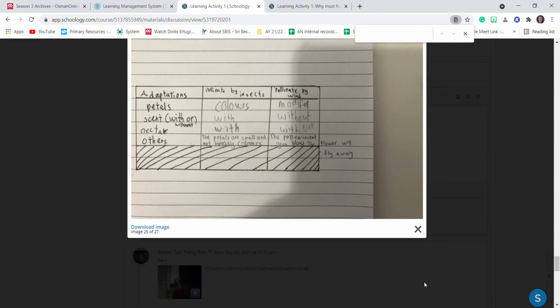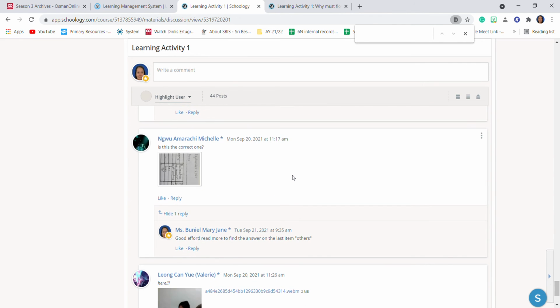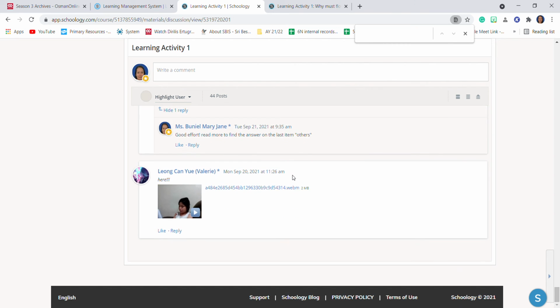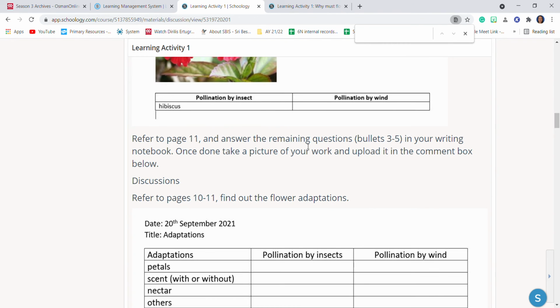I think it's on another page. Anyway, you have it in your notebook, where you sorted and grouped the flowers according to how they are pollinated.